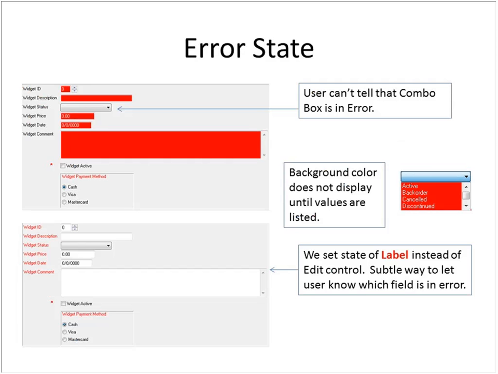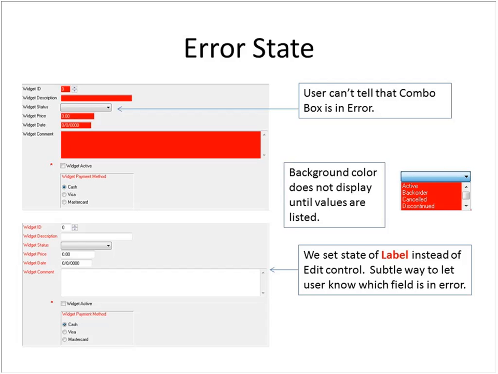Okay, so in your applications, you may or may not have gone in to your standards layer and manipulated the background color of the field when that field is in state error. So what happens is the user, they're running your application, and they hit enter, and they've got 4 fields that are in error, so they get messages, and then they need to find which fields are actually in error. So what you've probably done is you've gone in and you said, okay, in the state error, I want the color of that field to be whatever.